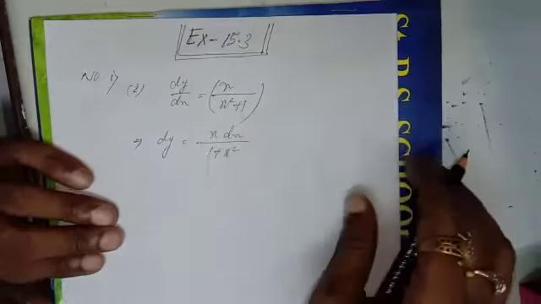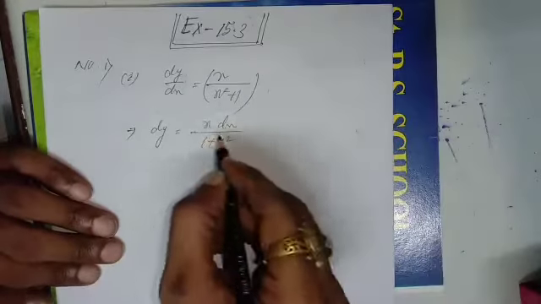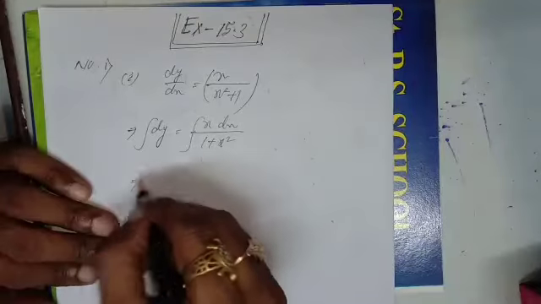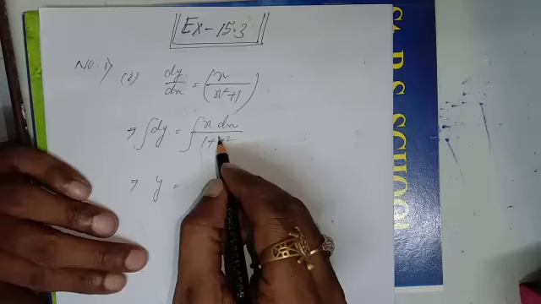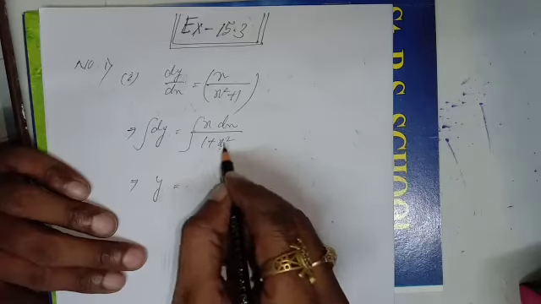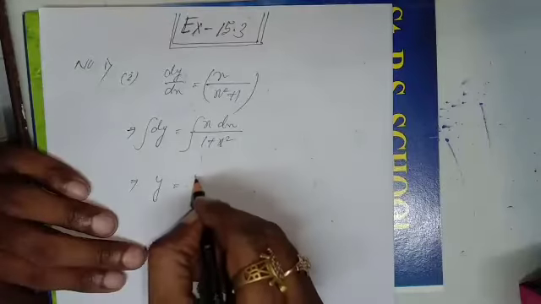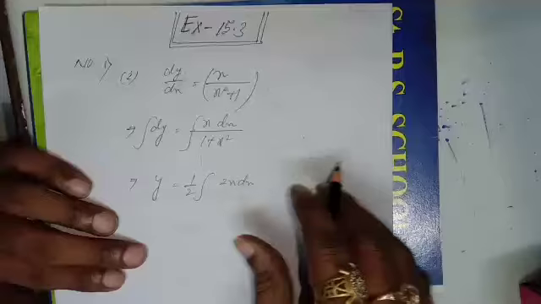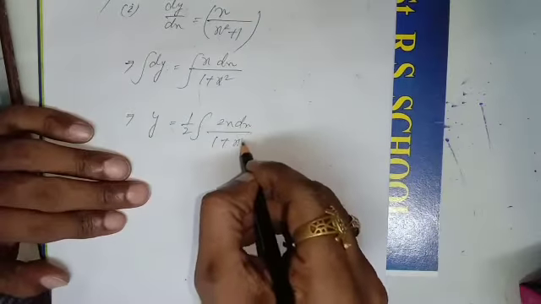After the separation of variables, you have to integrate both sides. As you know, the integration of dy is y. And here, the derivative of 1 plus x square is 2x. Since x is present, write half and 2x dx over 1 plus x square.